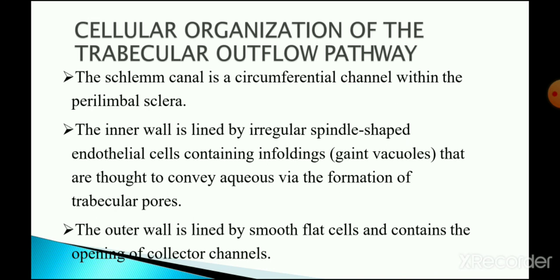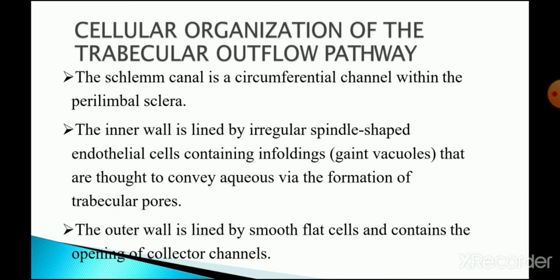Schlemm's canal is a circumferential channel within the perilimbal sclera. The inner wall is lined by irregular spindle-shaped endothelial cells containing infoldings and giant vacuoles, which are thought to convey the aqueous via the formation of trabecular pores.